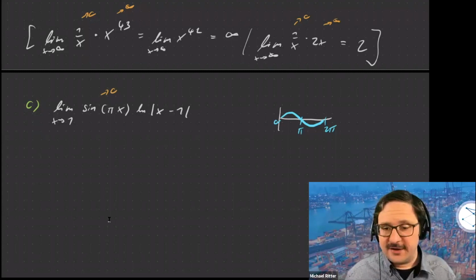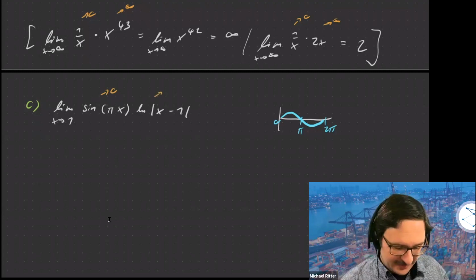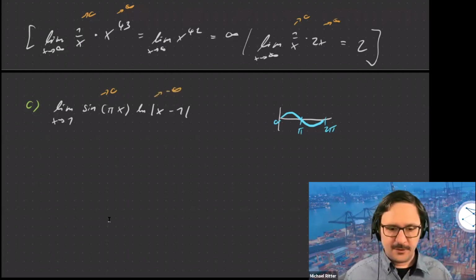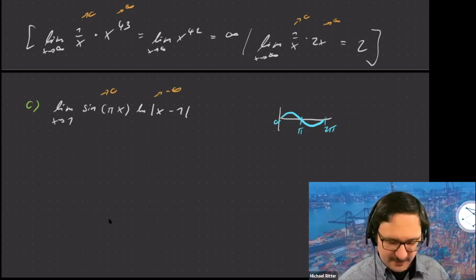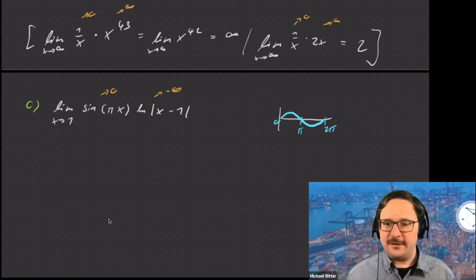The absolute value of x minus 1 will go to 0 from above. So this ln will tend to minus infinity. So again, we have something of the form 0 times minus infinity. And again, we have to reformulate that to get an expression that we can use for L'Hopital's rule.